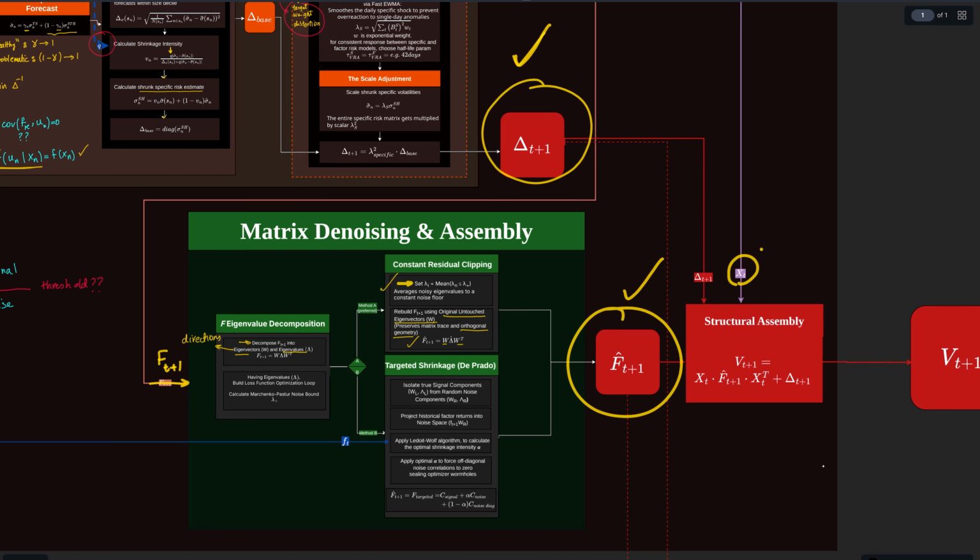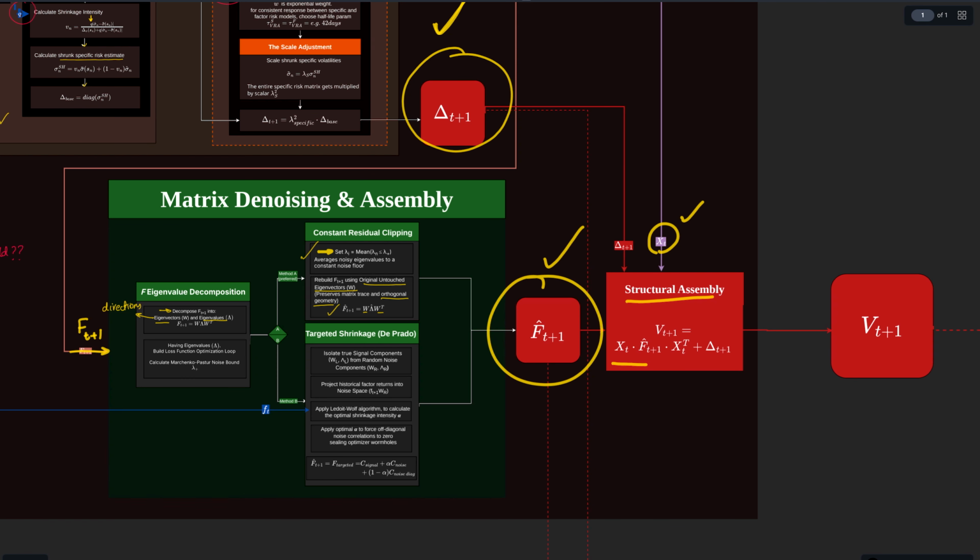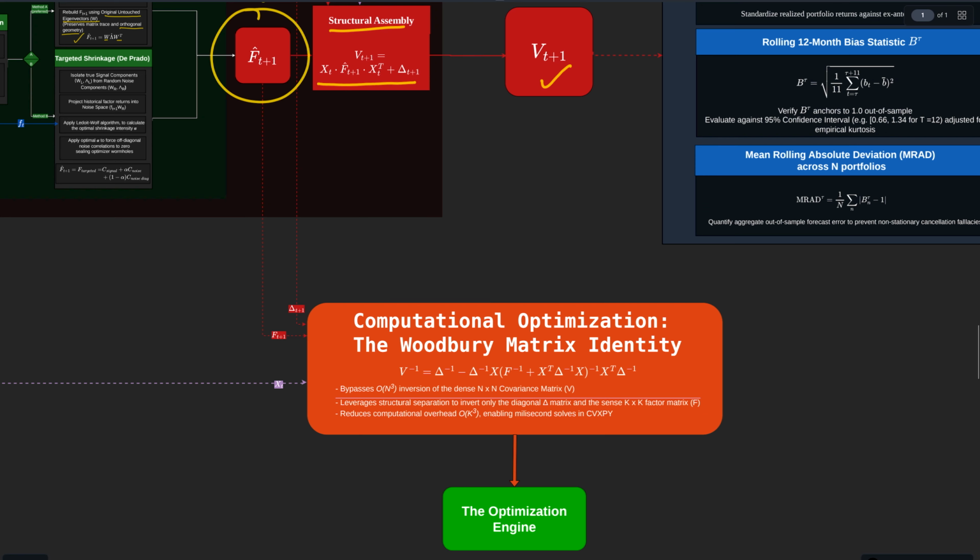So in theory, as we have it here in the structural assembly box, we could now assemble the full n times n covariance matrix V and pass it directly to the optimizer. But in production, we want to avoid doing that. As we've already discussed, V is a massive asset-level n by n matrix. Repeatedly inverting it during live optimization would be computationally prohibitive.